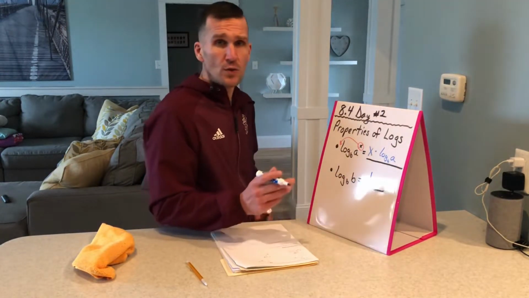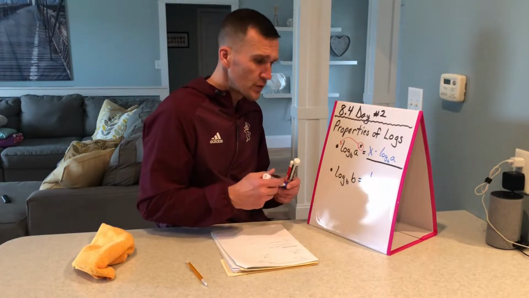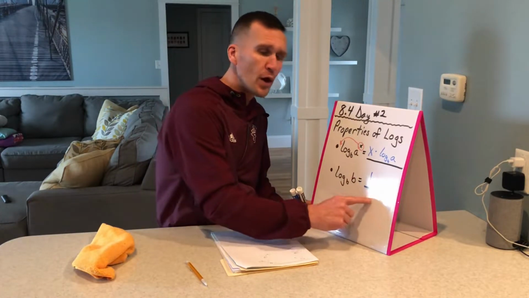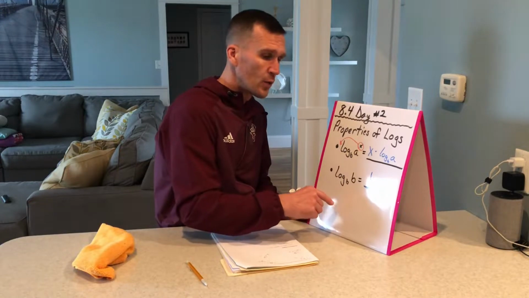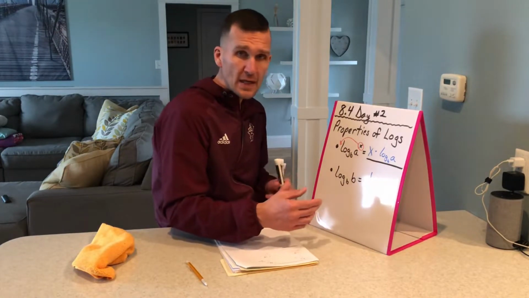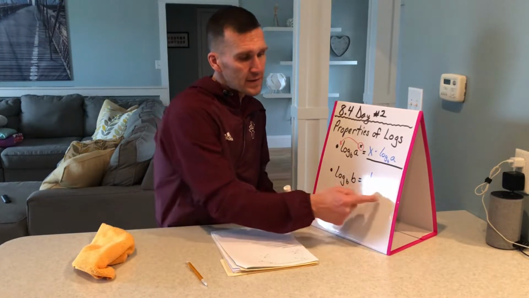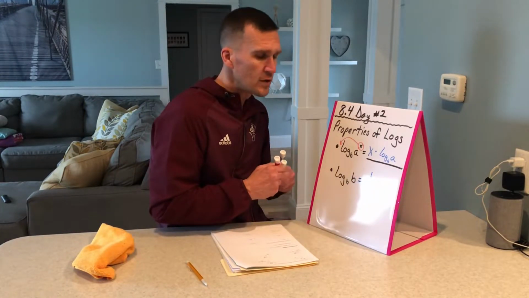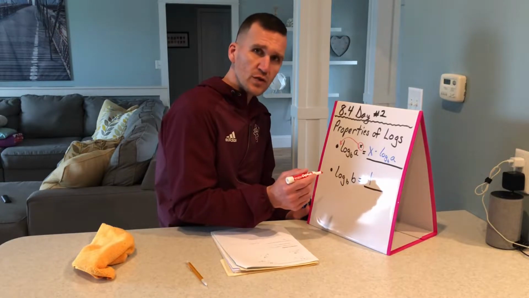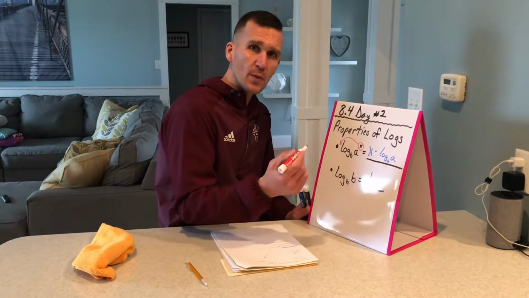We can actually use our conversion to show that this is true. Because remember, if you have a log equation, in order to convert it to an exponential equation, you move the base. And if this is true, which I'm telling you it is, we can prove it by converting it to an exponent problem.